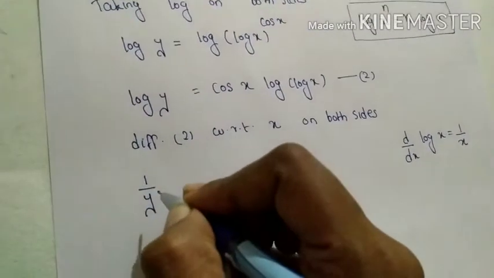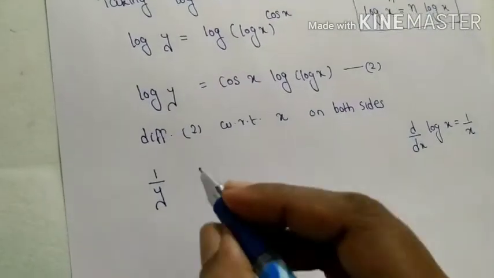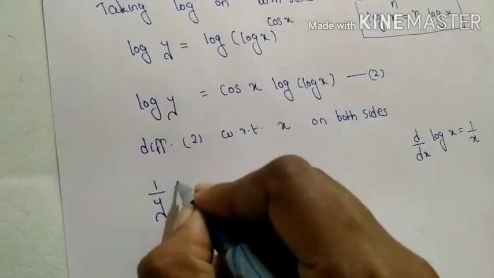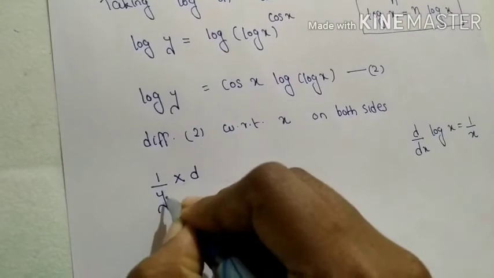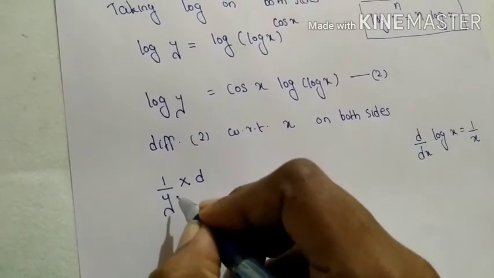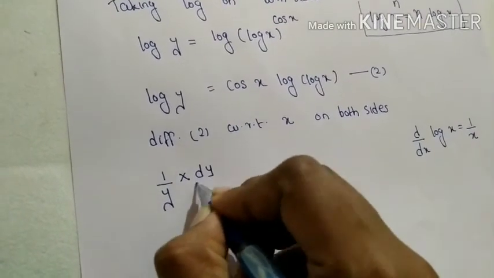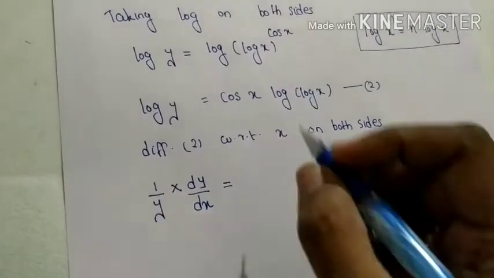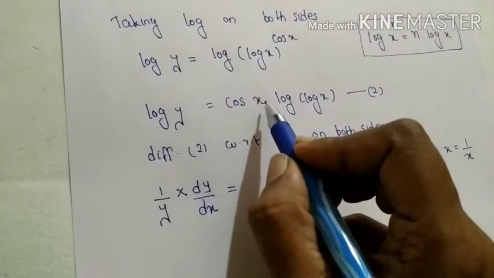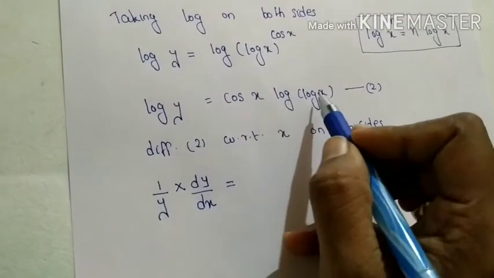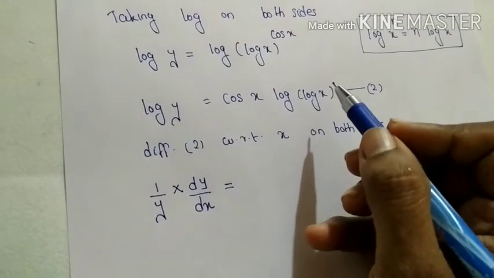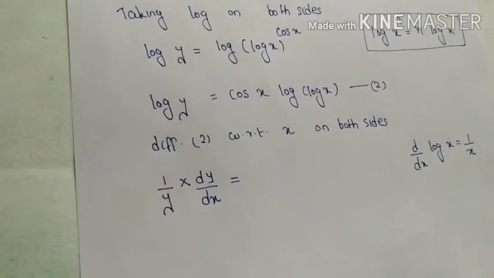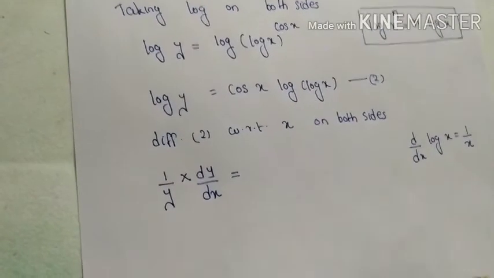Y is another function, so here applying the chain rule, we need to find the derivative of y, that means dy by dx equal to, here cos x is the first function and log of log x is another function. So we need to apply product rule here.